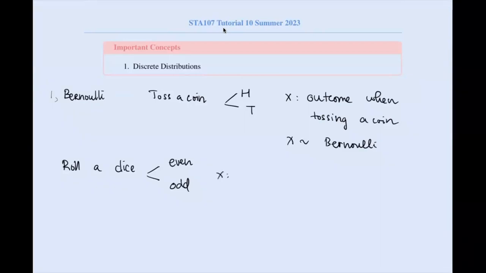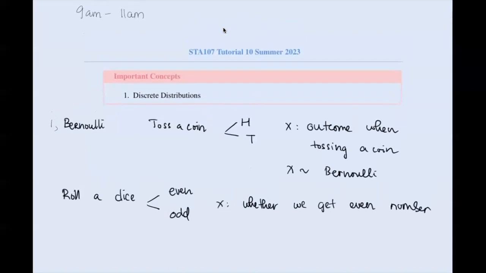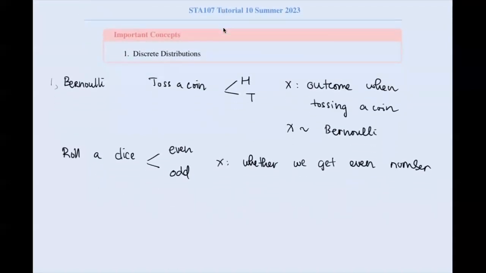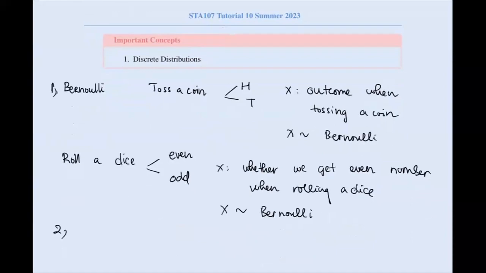Let X denote whether we get an even number when rolling a dice. Then in this case, X follows a Bernoulli distribution. So that is for Bernoulli.